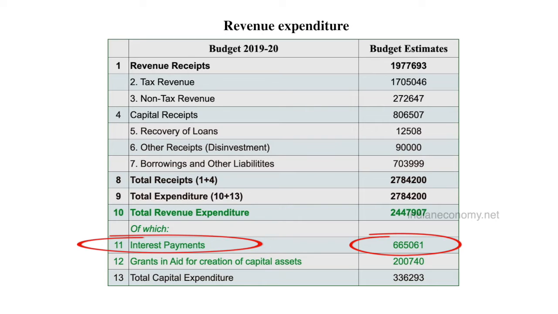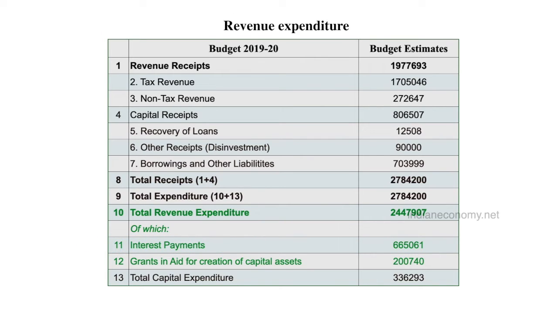6,65,061 crores rupees. Remember, in the total expenditure size of around 27 lakh crores rupees, 27 lakh 84,000 crores rupees, the interest payment amounts to 6,65,061 crores rupees. That is around 24% of the government's total expenditure.